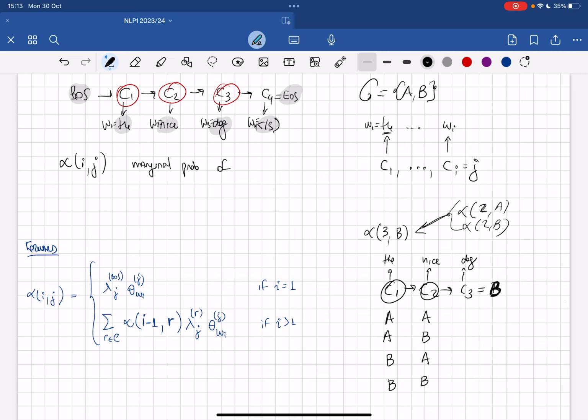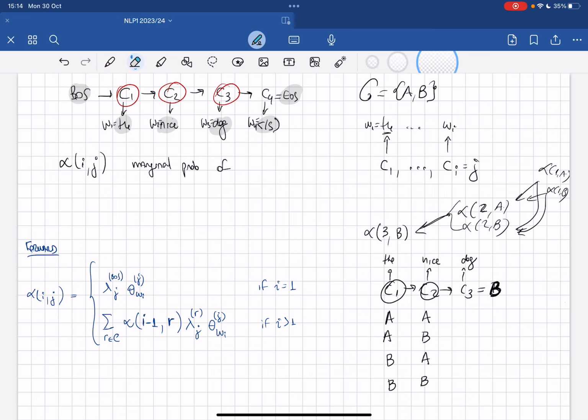Similarly, by using alpha 1a and alpha 1b, we're going to be able to express alpha 2a and alpha 2b. So this will lead to a recursive or iterative algorithm, depending on how you implement it, which is a dynamic program that solves the marginal computation efficiently.